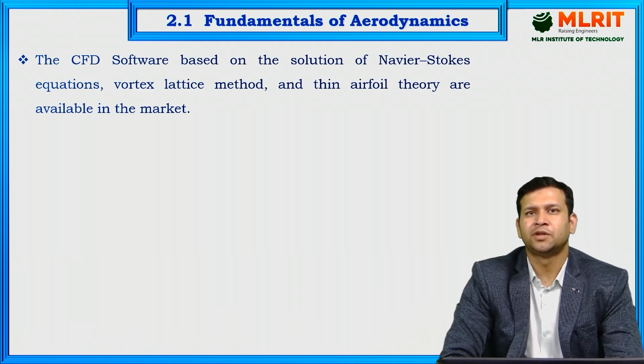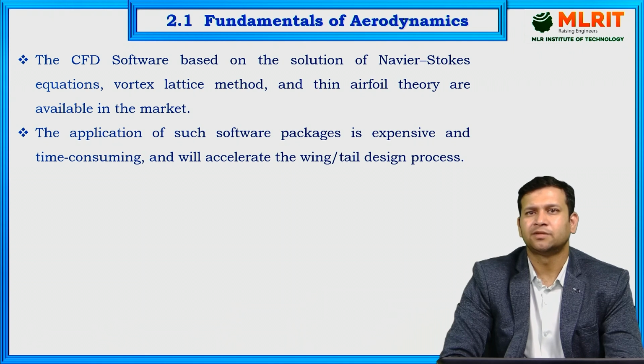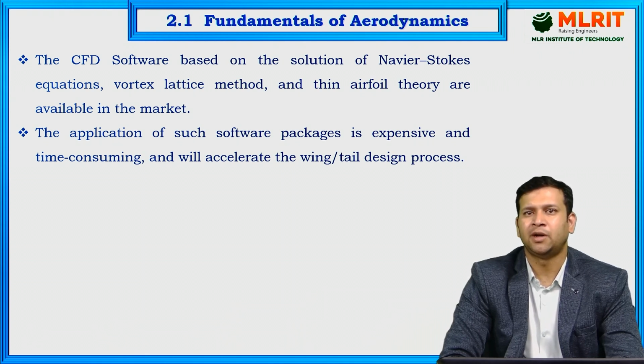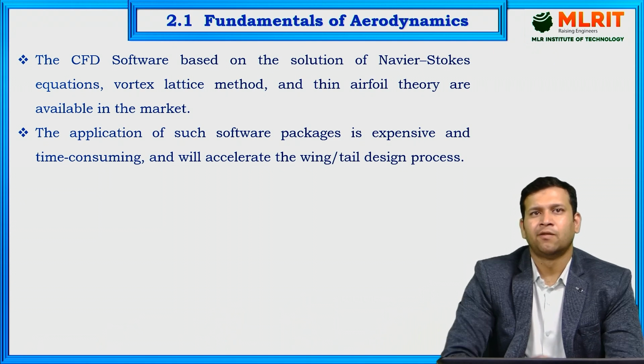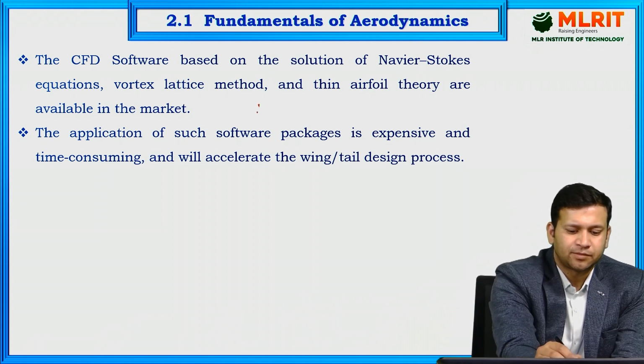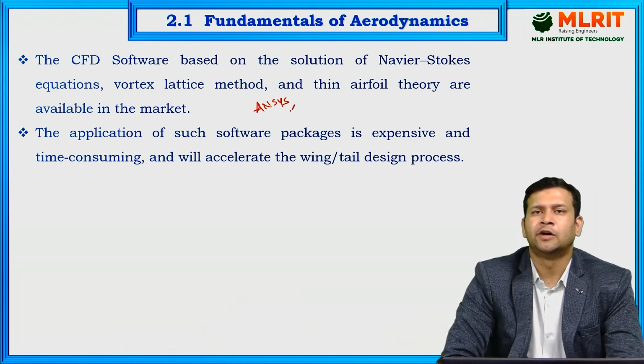The CFD softwares, based on the solutions of Navier-Stokes equations, vortex lattice method, and thin airfoil theory, are available in the market, which give accurate results on aerodynamic calculations. The application of such software packages is expensive and time consuming, but it will accelerate the wing tail design process. For example, we can use ANSYS, where we can create our body and our object, and we can do the aerodynamic analysis on that.